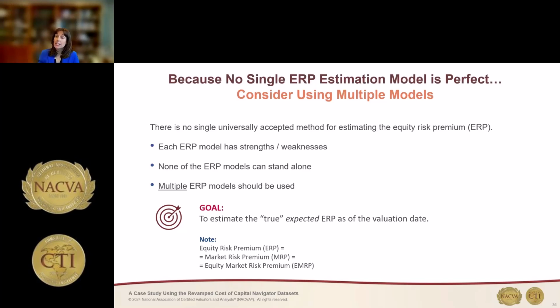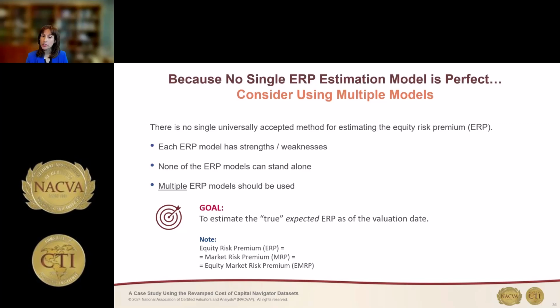History is a very useful tool, but it's not the only tool. And there are some issues with historical data, which we will talk about. The point is, we're trying to give you tools for when you have to support your decision and your selection, say if you end up going to court to try to support your decision.